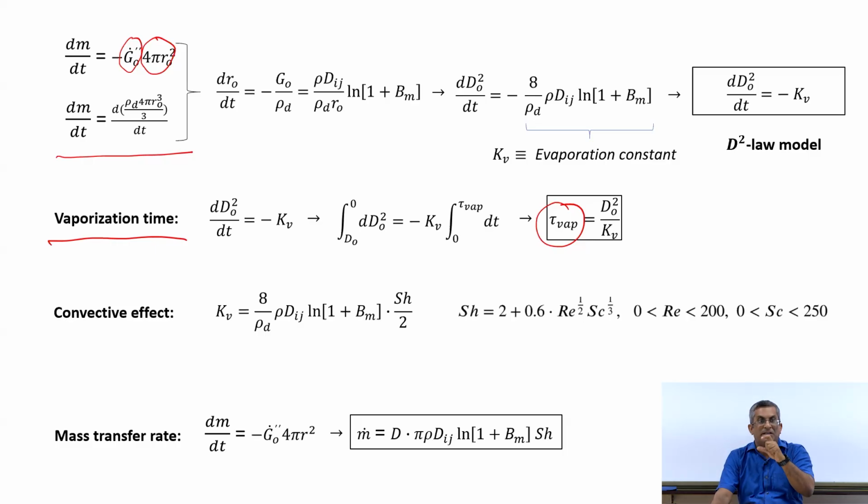That the quantitative relation is very important. Here, this tells us that it varies as d square, and this is the reason why fine atomization of a liquid is important in applications such as combustion, because we want the droplets to vaporize soon such that they can mix with air and start to burn.